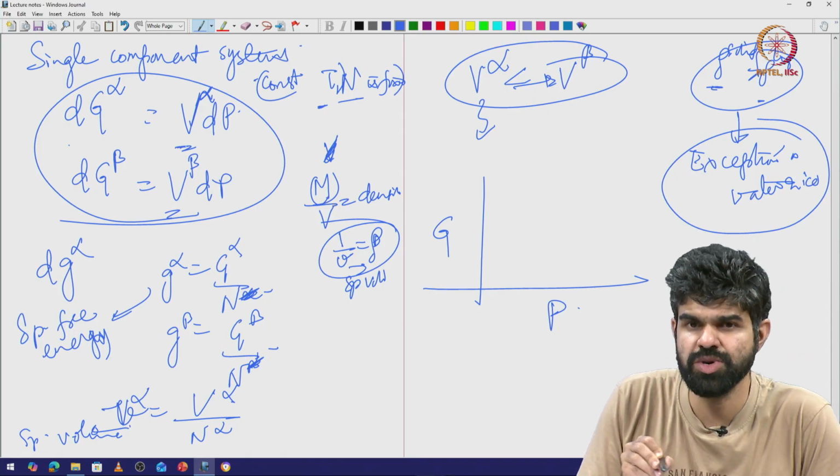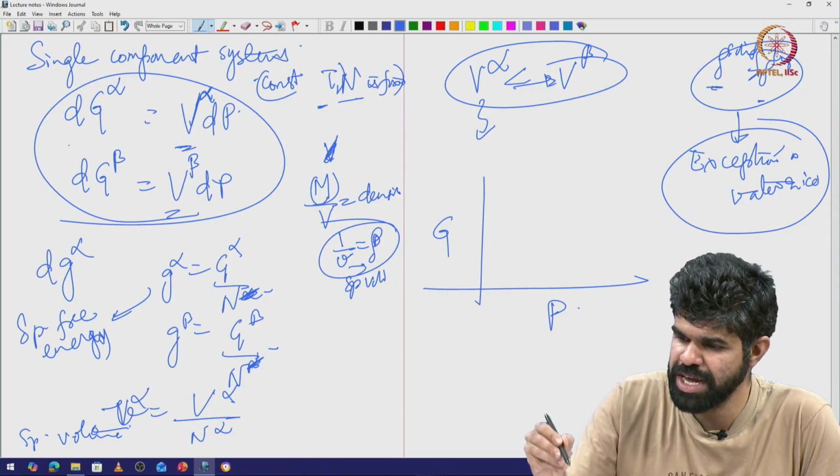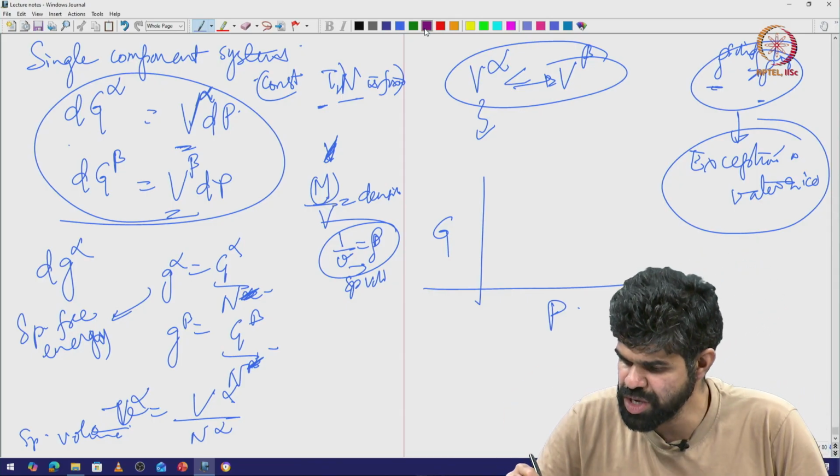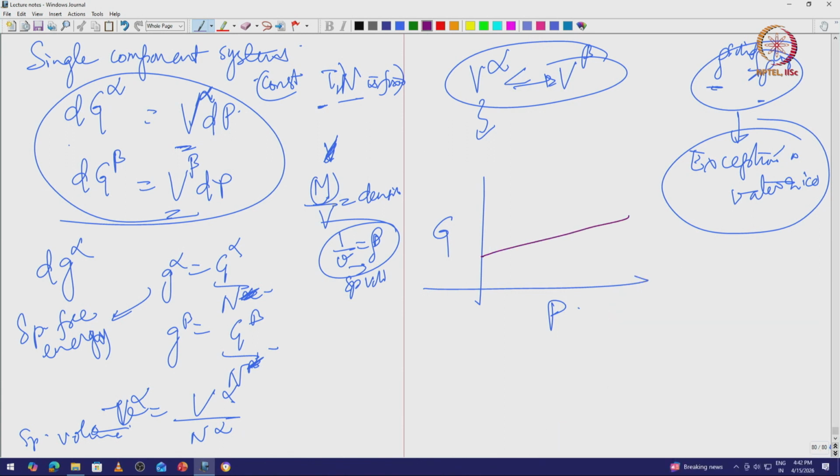Let me plot G of alpha in black. G of alpha should have a smaller slope. Of course, it can change with pressure, but let us just say that this is the alpha phase. Alpha phase has a smaller slope because V of alpha is smaller than V of beta, correct. So then if I plot beta, the beta phase has a larger slope.